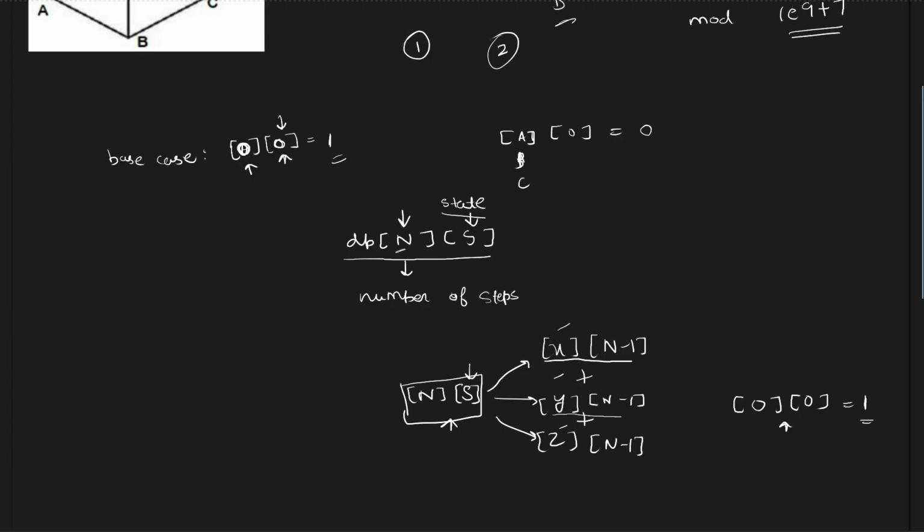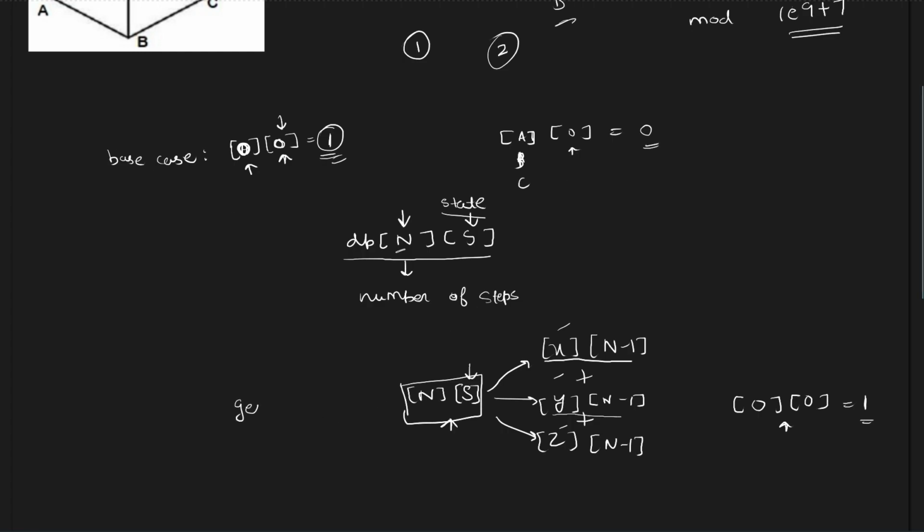We will initialize our base case such that dp of 0 comma 0 is 1, because when we are at state O and there are 0 steps left, then we have finally reached our destination and the answer would be 1 in this case. Otherwise, when we have 0 steps left and we are at any other state other than O, then we have not reached our destination and our answer should be 0. Now, this is the base case we have discussed.